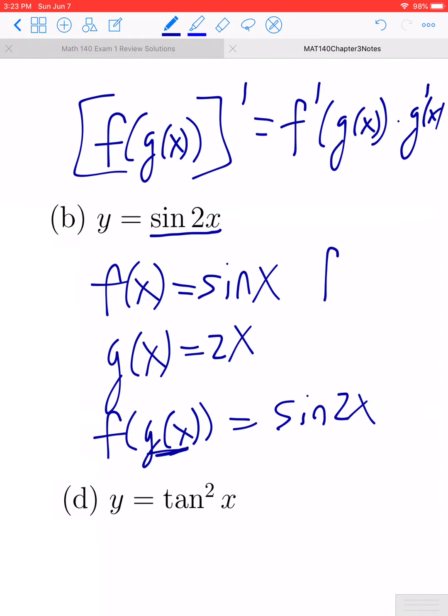Well, let's come over here. Let's do f prime. f prime of x is equal to, the derivative of sine is cosine. Do g prime, the derivative of 2x is going to be 2.